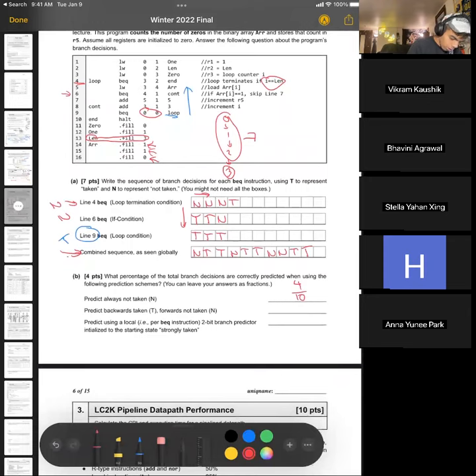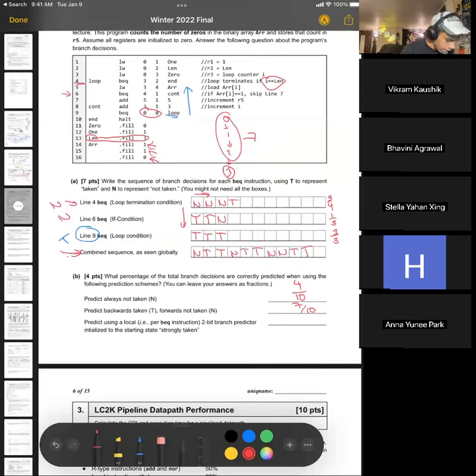For the first one, we go 3 for 4, because there are 3 not takens. Then 1 for 3 on the second BEQ, and 3 for 3 on the last one. We sum the numerators and denominators: 3 plus 1 plus 3 is 7, out of 10 total accesses.